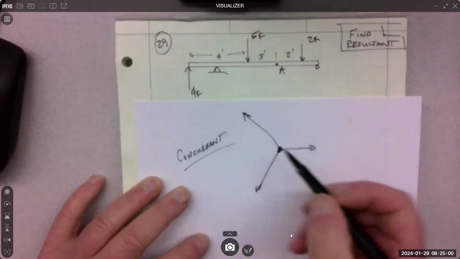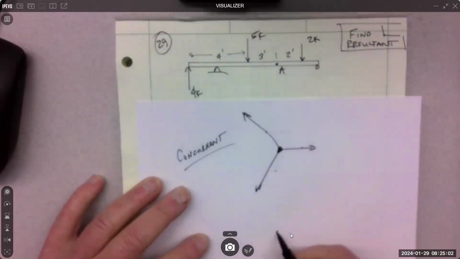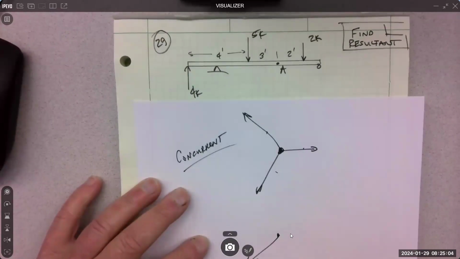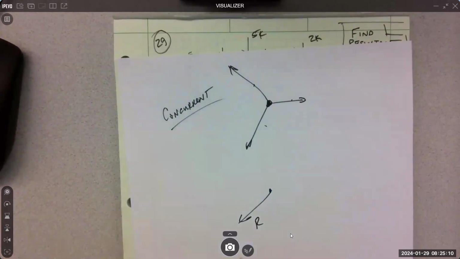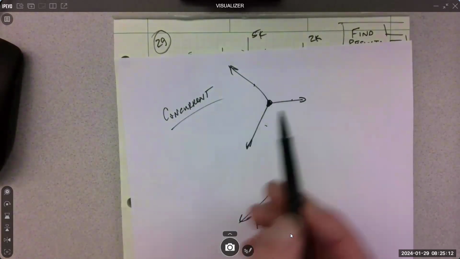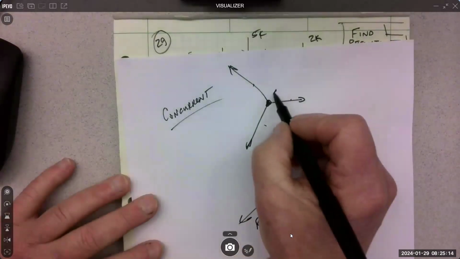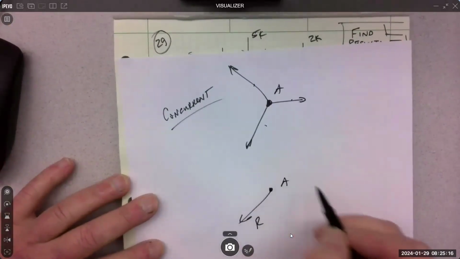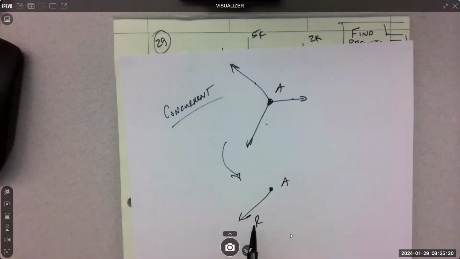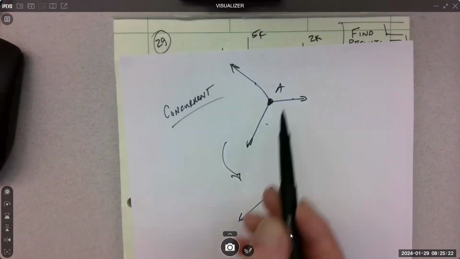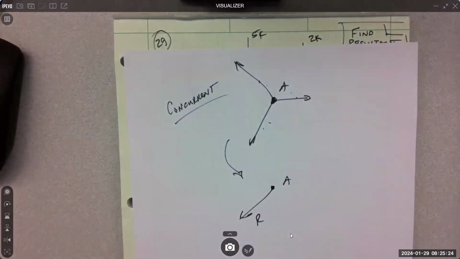So we did this. We took all of these and turned them into the one force, the resultant. It's the one force that can replace all of these. So here's my point A. When we say find the resultant, we're looking at the single force that is the replacement for these 3.